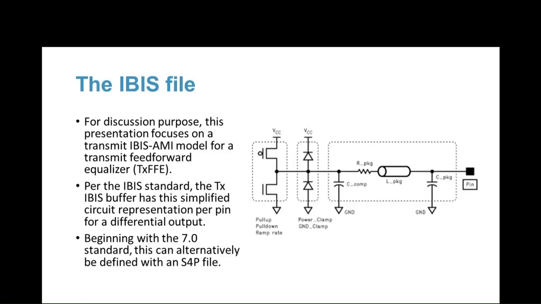Now this is a simplified circuit representation defined by the IBIS standard. However, beginning with version 7.0, this can alternatively be defined with an S4P file. We won't be talking about the S4P file, but certainly my flow supports S4P.